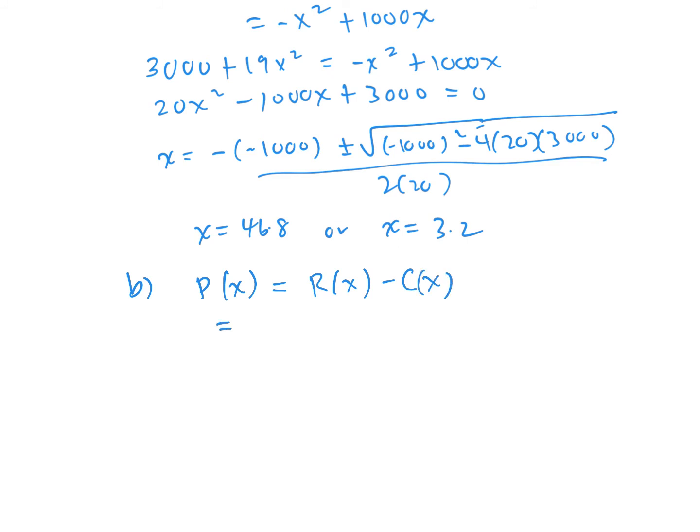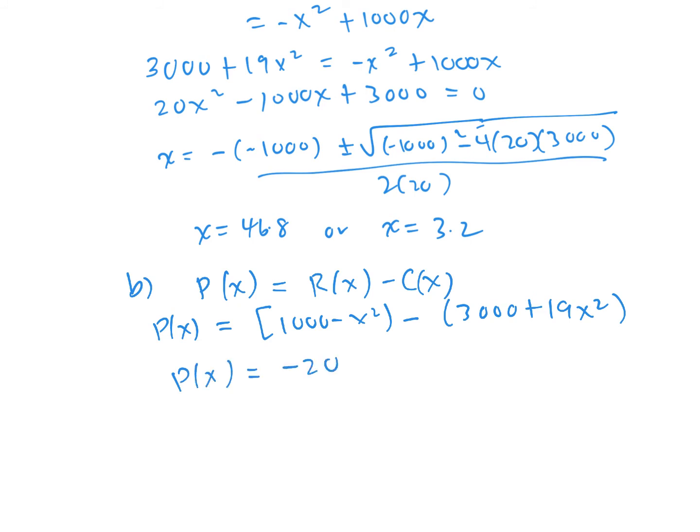So we need to figure out how many items we would need to maximize our profit. So first we need a profit equation. So let's find that. So we've got the revenue equation. Subtract the cost equation to give us a profit function. So that works out to be minus 20x squared plus 1000x minus 3000.